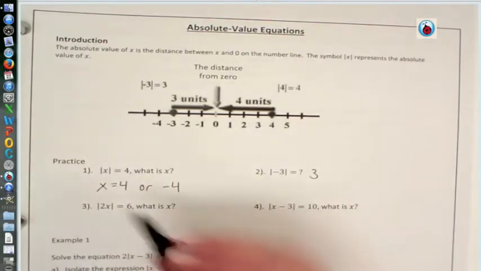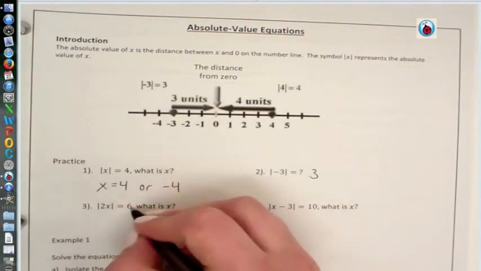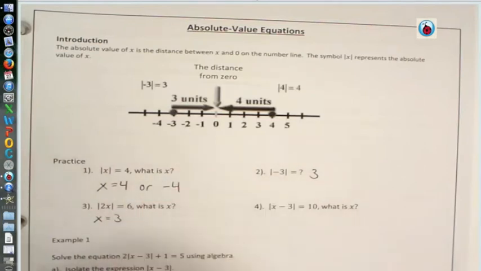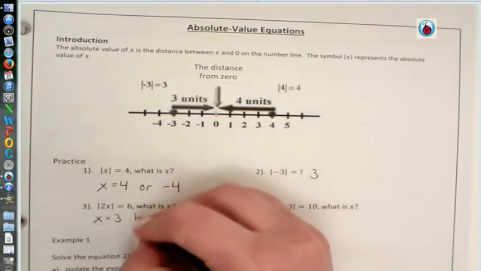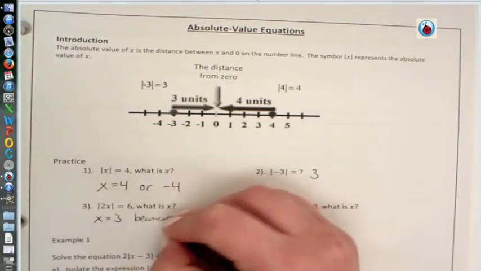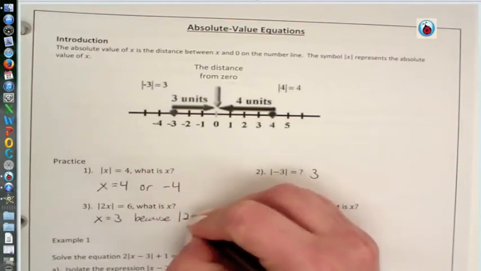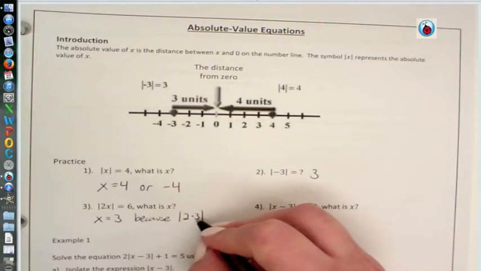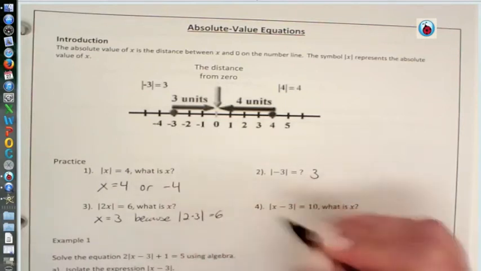Number 1, 2 times x is positive 6. In that case, x could be 3, because absolute value of 2 times 3, 2 times 3 is 6, absolute value of 6 is 6.